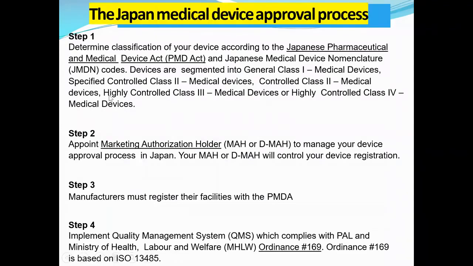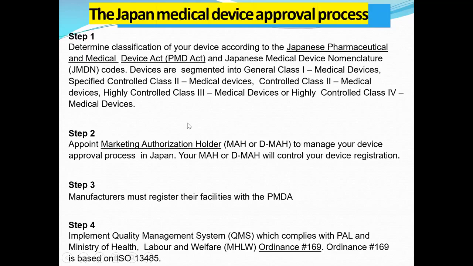So what is the Japanese medical device approval process? The first step is to determine the classification of your device according to the Japanese Pharmaceutical and Medical Device Act, also called PMD Act, and the Japanese Medical Device Nomenclature, that is JMDN codes. Devices are segmented into general class 1, specified controlled class 2, controlled class 2, highly controlled class 3, and highly controlled class 4 medical devices.